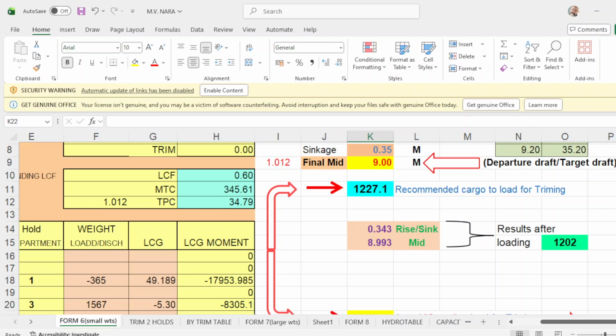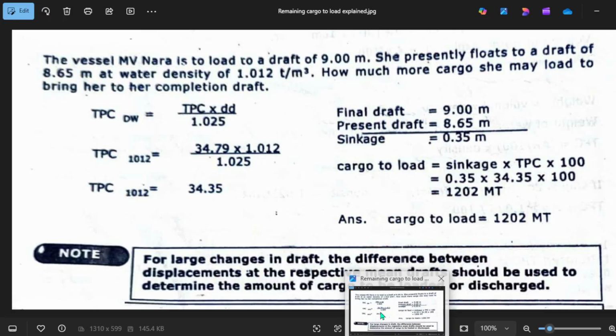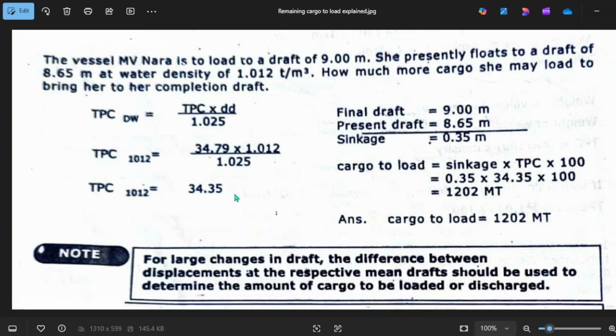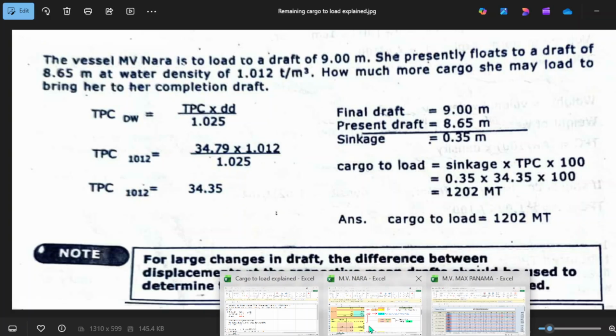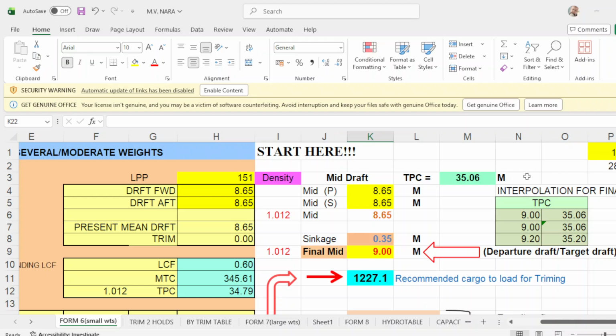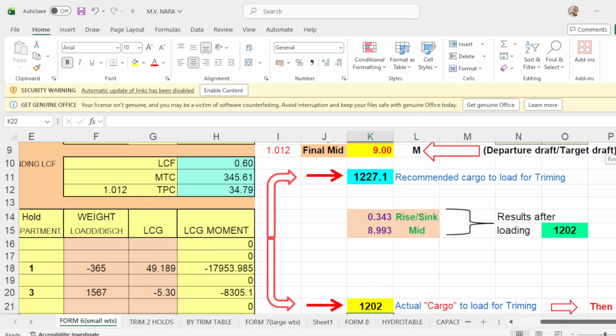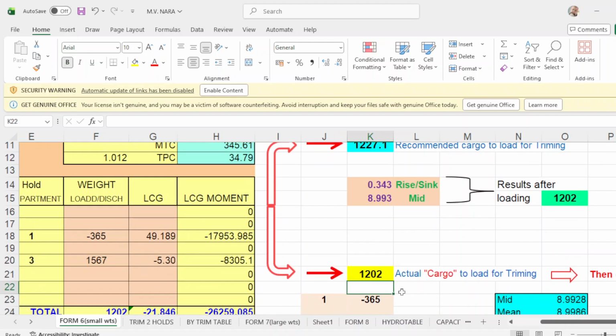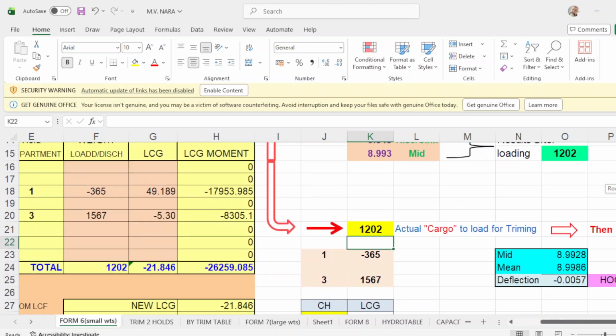Now you're short of your cargo because you're using the TPC of 3435 instead of using this TPC of 3505.